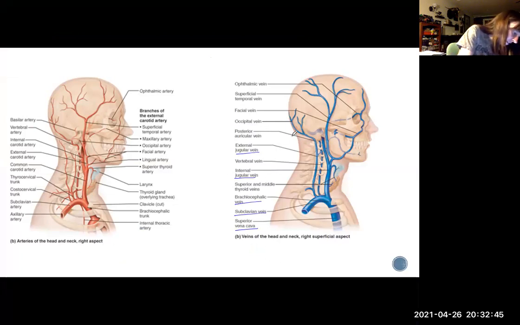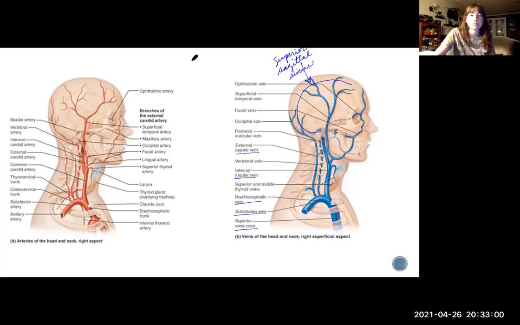And we can't really see it, but this is that superior sagittal sinus, okay?